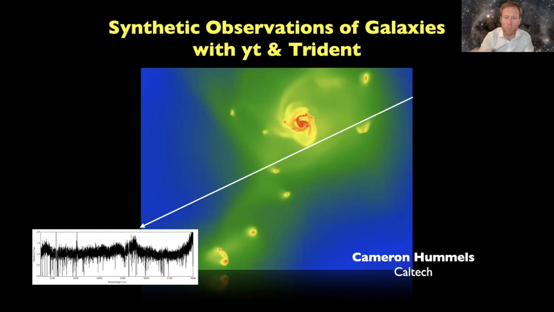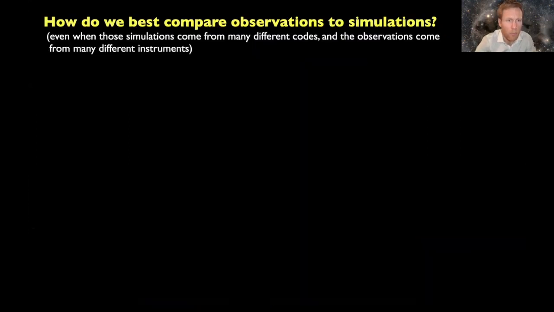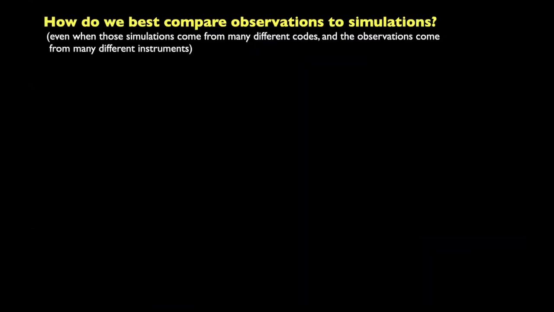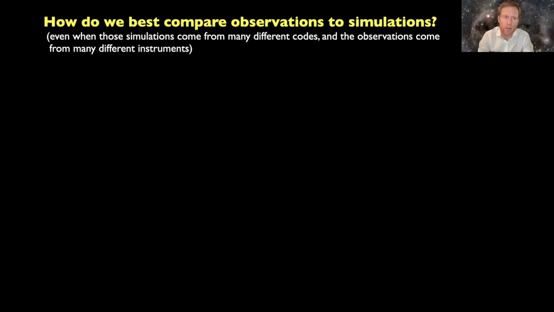So this is a question: how do we best compare observations to simulations? This is a question that I think really ties a lot of what we're doing to reality.